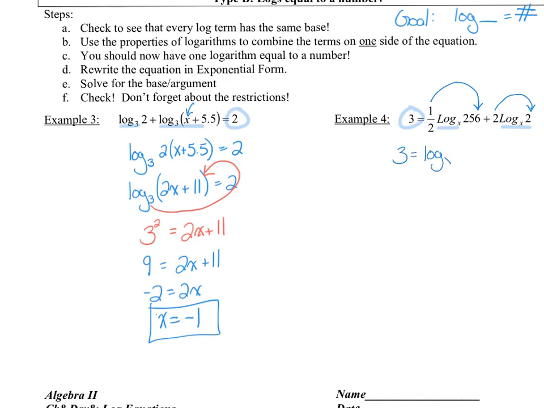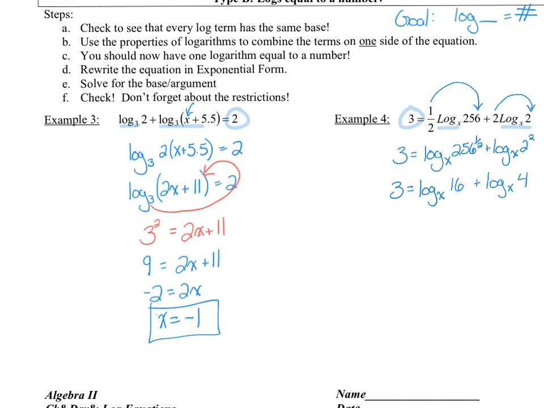So we have log base x of 256 to the 1/2 plus log base x of 2 squared. I'm going to simplify this a little bit. 256 to the 1/2 is the square root of 256, which is 16, plus log base x of 4.